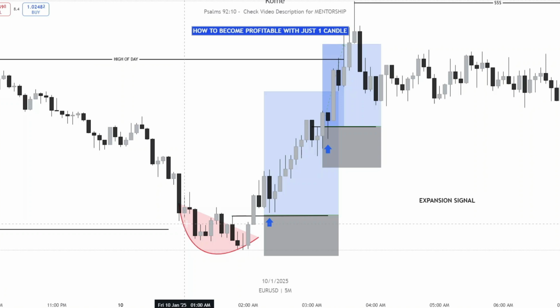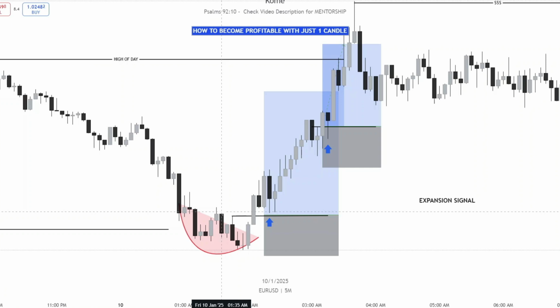So when price traded to the downside, at this point we could have looked for buys, but I haven't found my confirmation yet. So immediately price came to around 8 a.m. GMT time, and what do we see? We saw break of structure, which some people call market structure shift, whatever you want to call it, I don't really care. All I know is break of structure. You could call it a change of character, right?